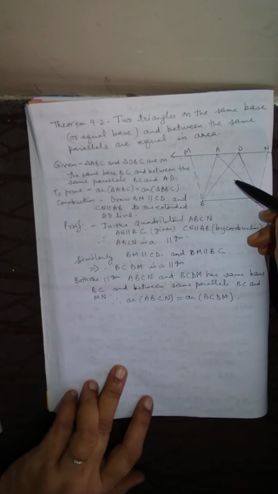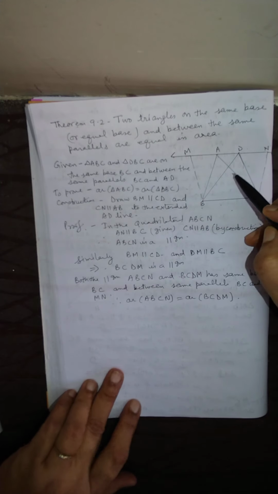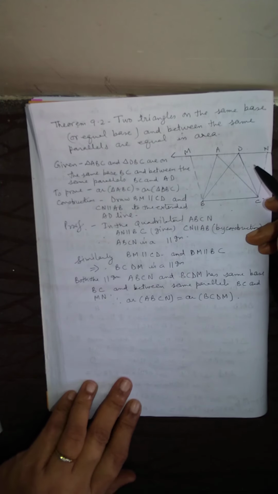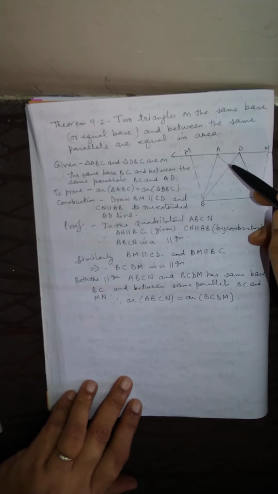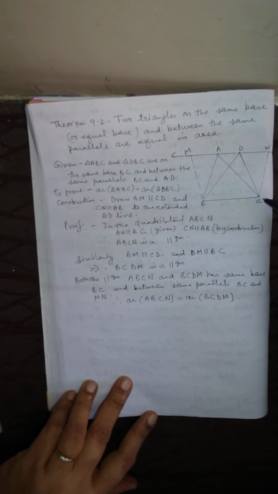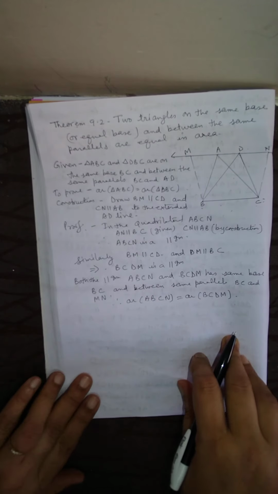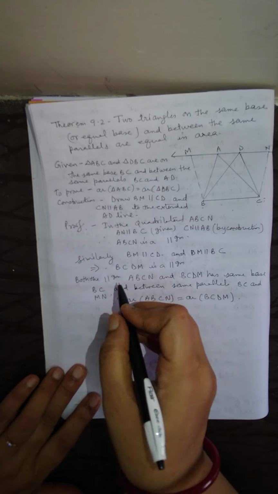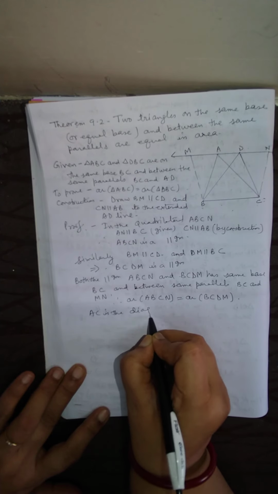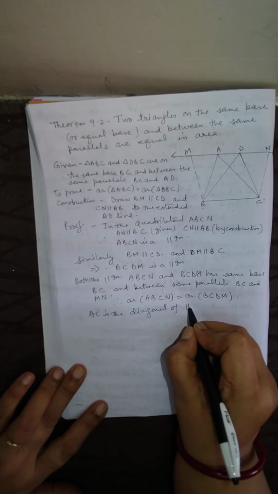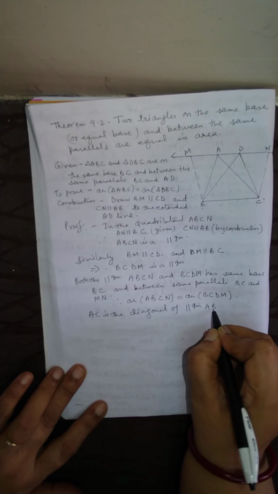Now, in the parallelogram ABCN, AC is the diagonal, and as we know, diagonal divides a parallelogram into two congruent triangles. So area of ABC is half the area of the parallelogram ABCN. AC is the diagonal of parallelogram ABCN.